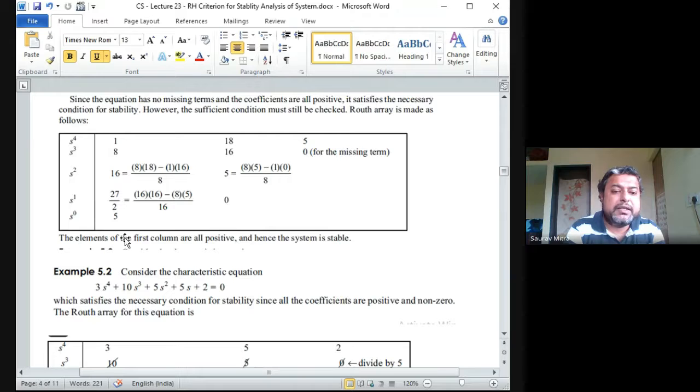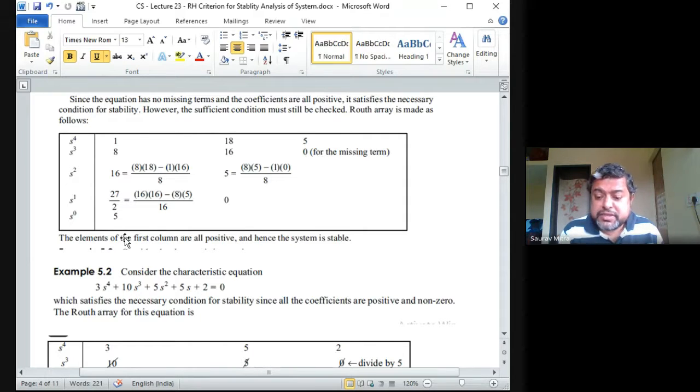That means there are no poles existing in the right hand side. The actual rule is that the number of sign changes in the first column is equal to the number of poles existing in the right side of the S plane.